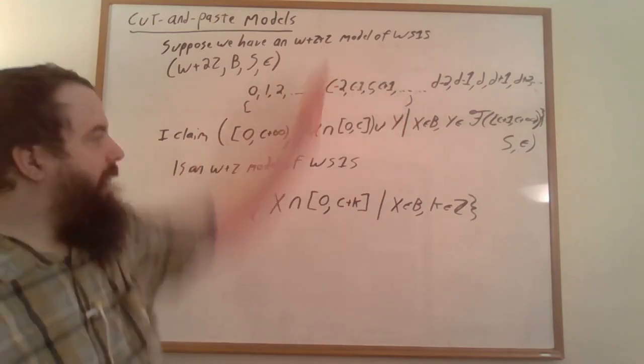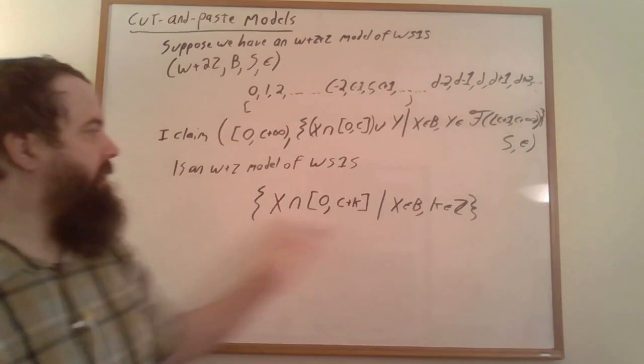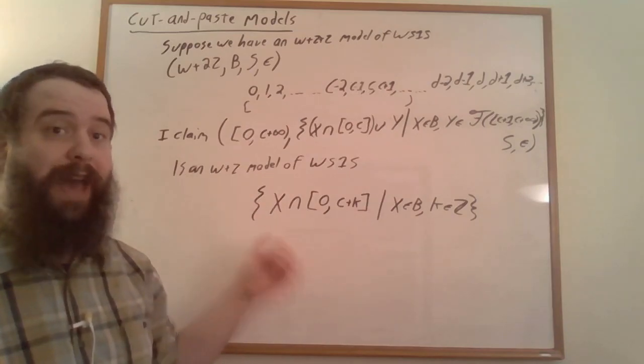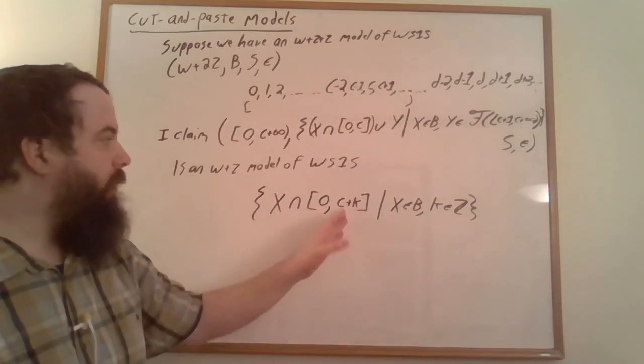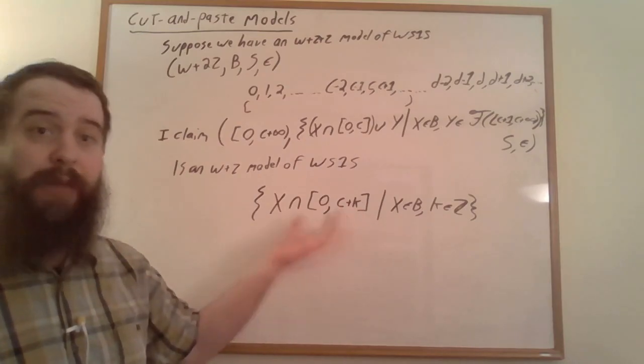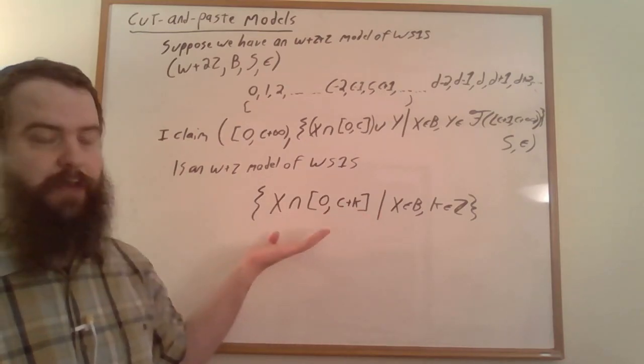Right? We have to cut them off at some point, and this is going to force all of our sets to have a largest element. At the very worst, the c plus k that we pick when we do this intersection.